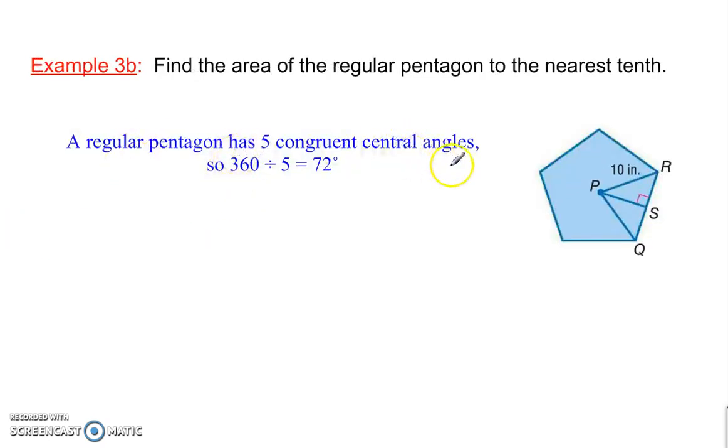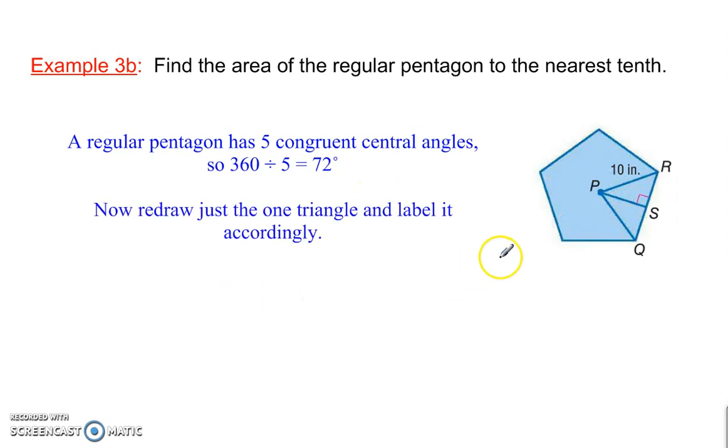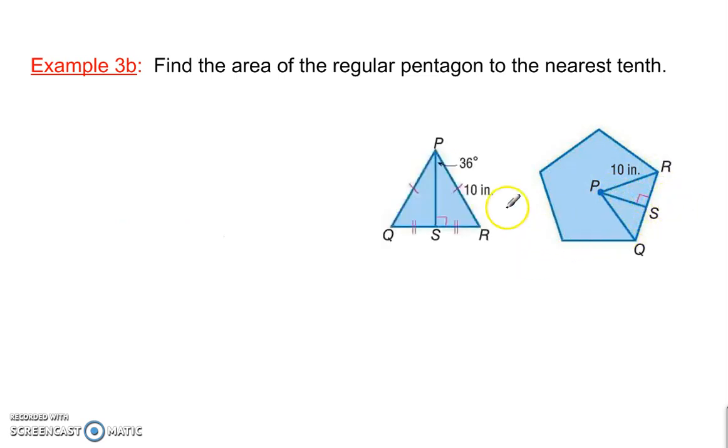Alright, a regular pentagon has 5 congruent central angles. If we want to find the area of this right here, we have a central angle of 360 divided by 5, because we have 5 triangles in here. So we're going to divide 360 by 5, which gives us 72 degrees. Now we just want one of these, and we can use the Pythagorean theorem.